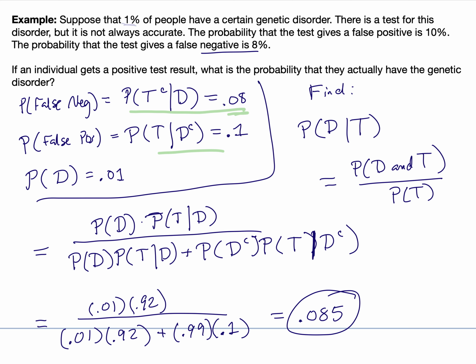say cancer screenings. So in a lot of situations like that, if someone gets a positive result, the person giving the test will actually order future tests, because even though these false positive and false negative rates weren't that high, 10% false positives, 8% false negatives, despite that fact, the probability that your test result is accurate if you get a positive test result in this case is less than 10%.